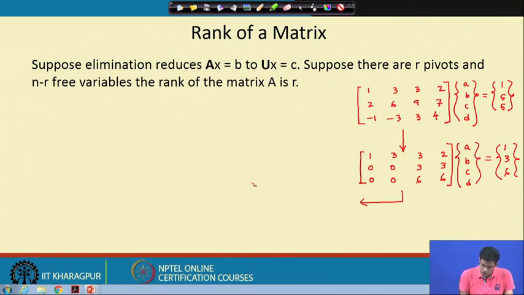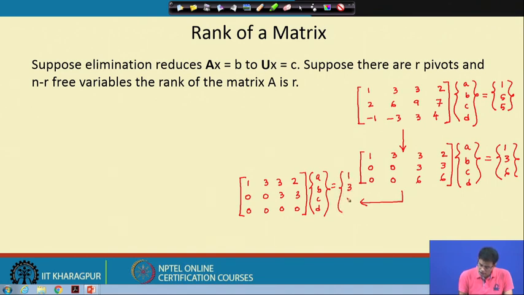So I will write 1 3 3 2, 0 0 3 3, and then 0 0, then 2 times the second row subtracted from the third row, it will be 0 0 0 0, and this will be my a b c d, and then it will be my 1 3 and 0.